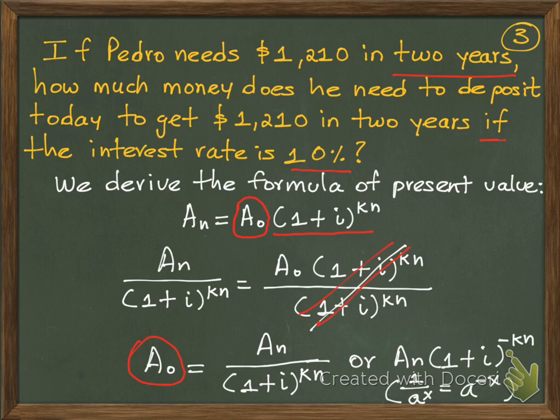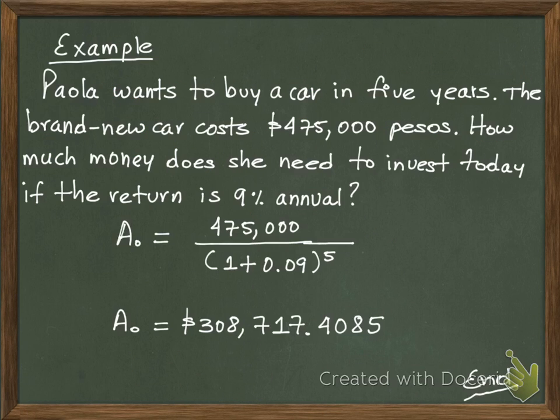Or using this law, it's going to be A_N times (1 plus i) to the minus kn. It's the same. Okay? Let's see one example. Paola wants to buy a car in 5 years.